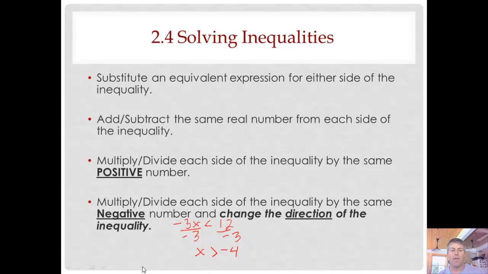So that is the only difference, really, when solving an inequality. If you multiply or divide by a negative number, we have to change the direction of the inequality. Or, like you guys like to say, flip the inequality in the opposite direction.